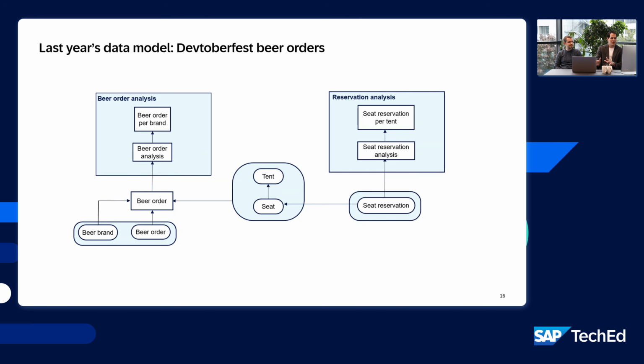On the right side, we see some tents with the Oktoberfest theme and seats. Then we had some seat reservations and an analysis on top, but I'm not really familiar with the data model from last year. Do you have any idea? I only saw the diagram. I haven't seen it in the system. Maybe we should go in the system and see what the source code says.